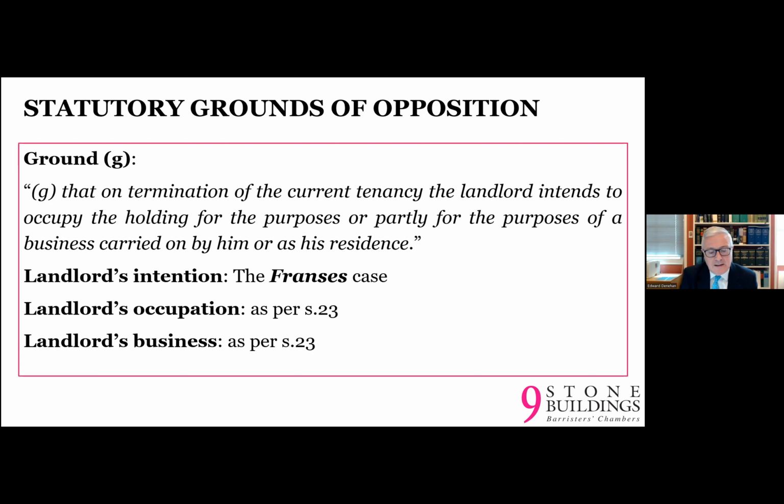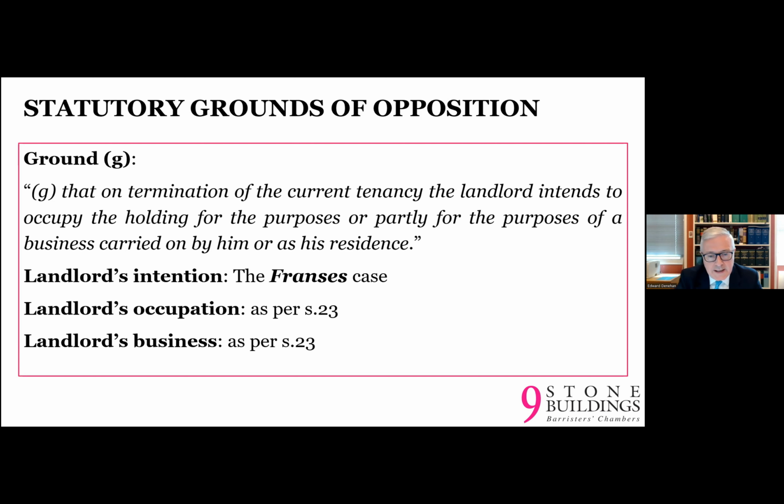And I repeat that the current tenant tends to get rather hot and bothered about that. The only solace, and it's not much, is that, of course, if ground G is successfully made out, then the tenant will be entitled to compensation under Section 37, which will be the rateable value or twice the rateable value, depending upon how long the tenant has been in occupation, or how long the business has been carried on in the premises.